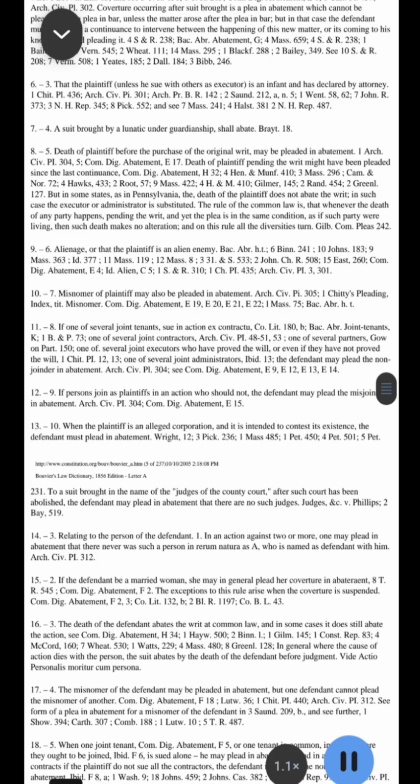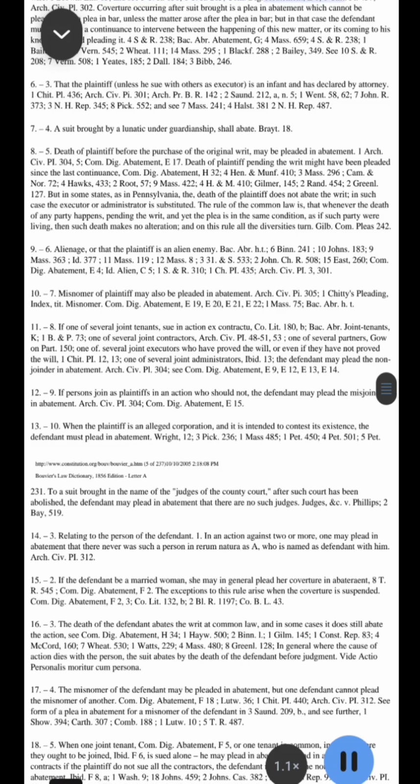2. The defendant may plead that the plaintiff is a feme covert, Co. Lit. 132 b, or that she is his own wife, 1 Brown. Ent. 63, and Cit. R. 631, 6t. R. 265, Com. Dig.